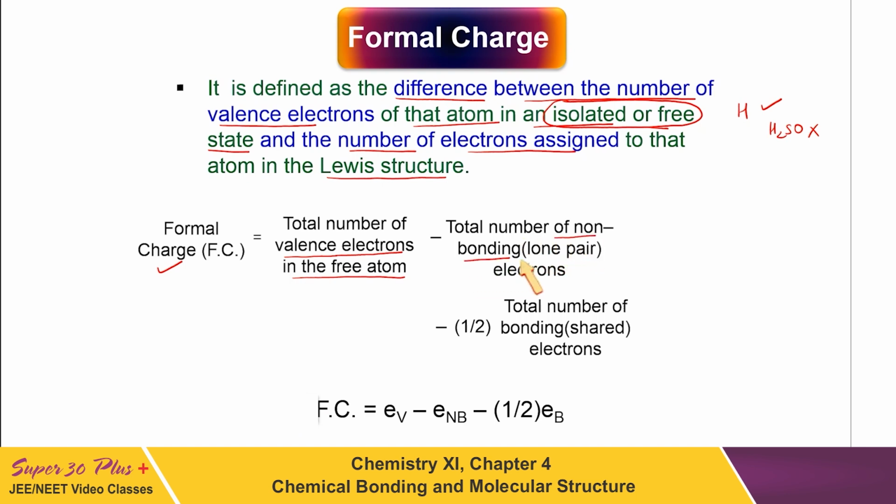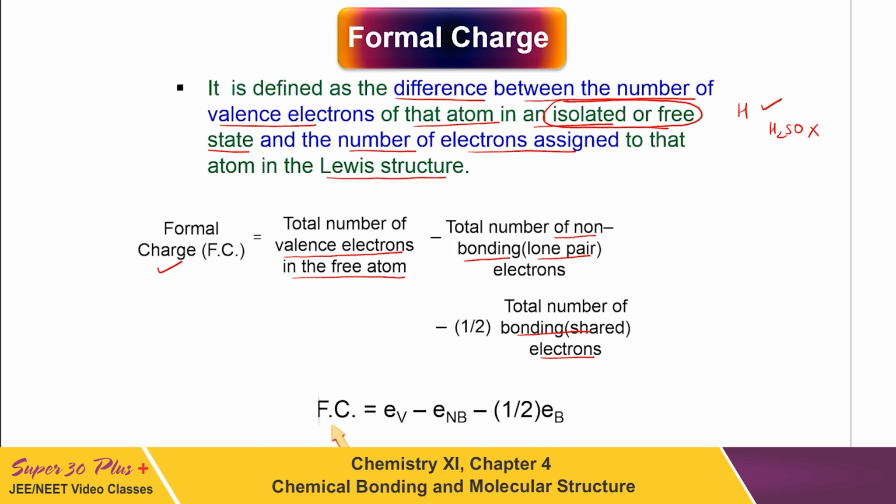What are the non-bonding electrons? Lone pairs of electrons are non-bonding. Minus half of the total number of bonding electrons. So whatever the total number of bonding electrons, total number of valence electrons minus the non-bonding minus half of the bonding.